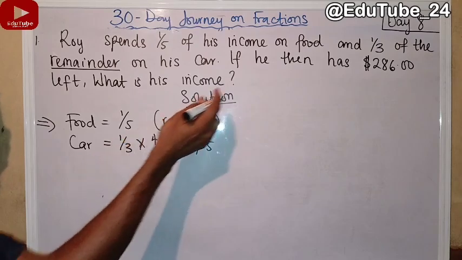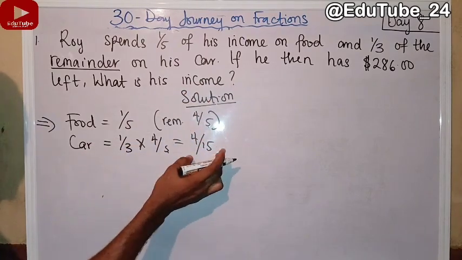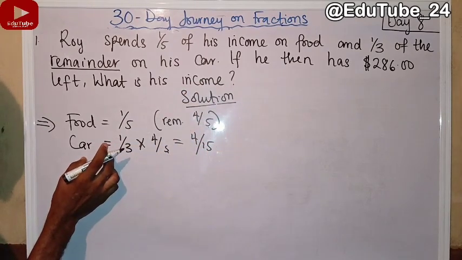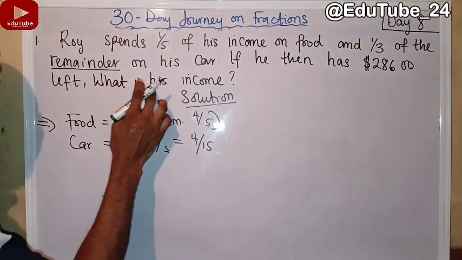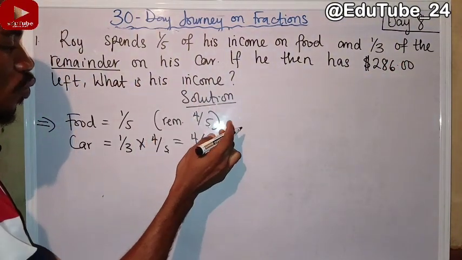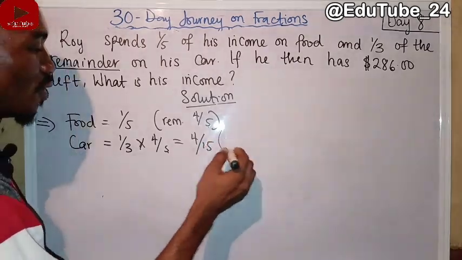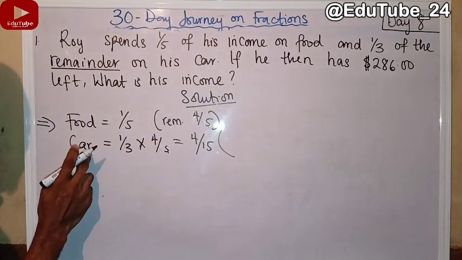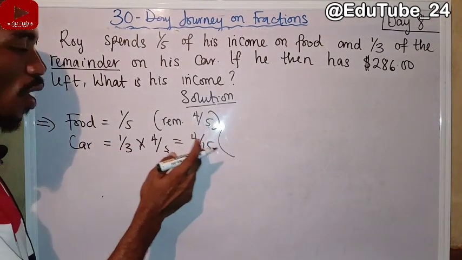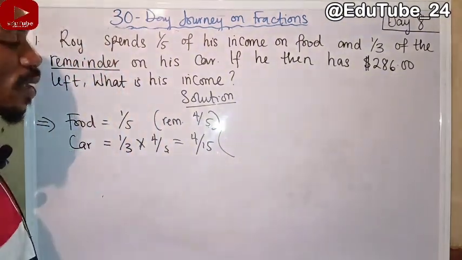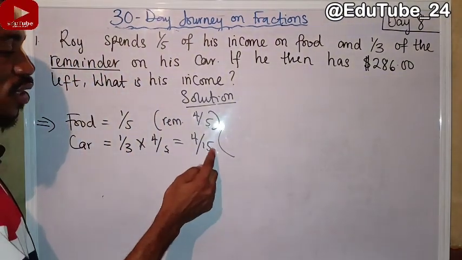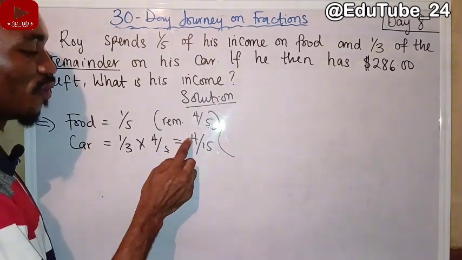It then says, if he then has $286 left, what is his income? So 4/15 is what is spent on car, and then he has $286 left. So that means we have to find whatever is left here. If he spent 4 out of 15 on his car, remember, a fraction is part of a whole. So this 15 here is the whole, and this 4 is a part of it.